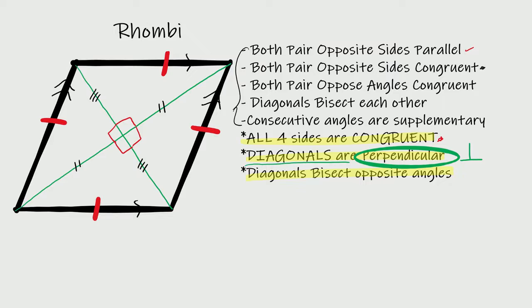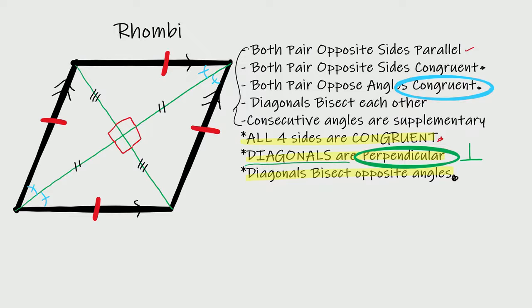And lastly, the opposite angles are still congruent to each other, but we get a little extra thing here. It says that the diagonals are going to bisect the opposite angles. So what that's telling me is that this diagonal here is going to cut this entire angle in half, right? So these two are going to be congruent to each other, and because the opposite angles are congruent, then we know that these two are also going to be congruent to each other, right?